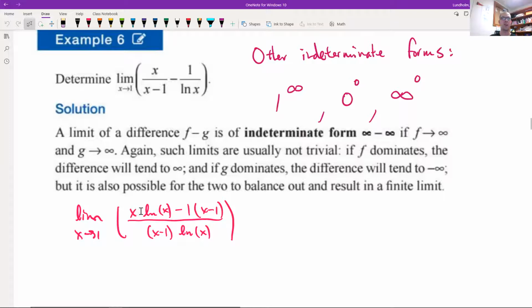Because we'd have 1 times 0 minus 1 times 0. So at this stage, we are in a 0 over 0 indeterminate form. And we could continue solving this using L'Hopital's rule. This L'Hopital's rule is going to be a little bit messy. It'll be okay. We can do this.